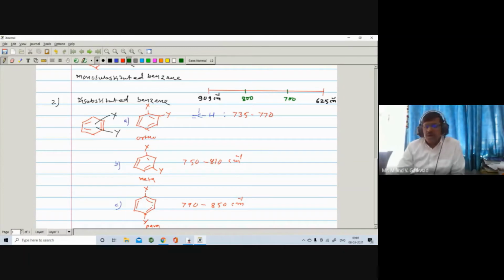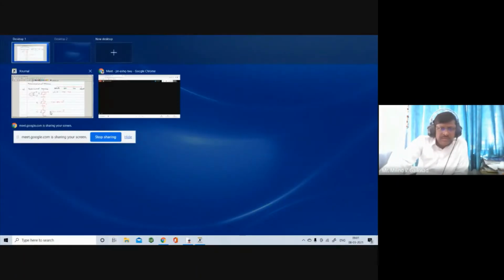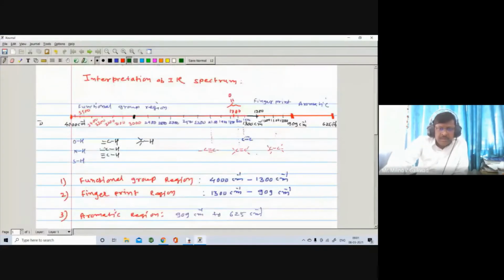So what have we learned? We have learned that the IR spectra divides into three parts: functional group region, fingerprint region and aromatic region, right? Carbon-carbon single bond appears at 1100, double bond at 1600, triple bond at 2100, and the CO group appears at 1700.